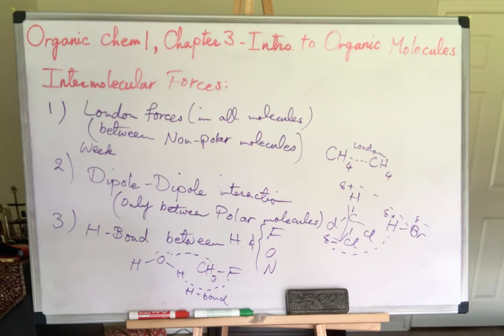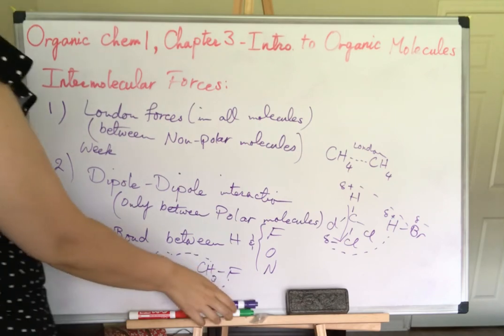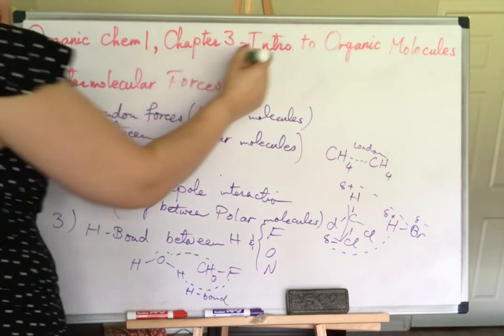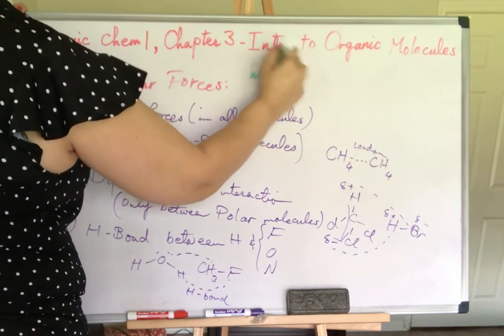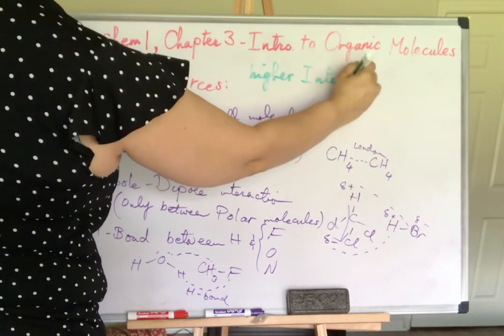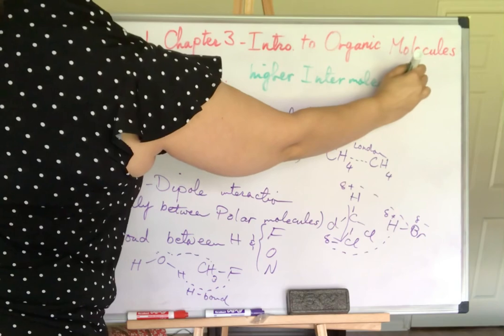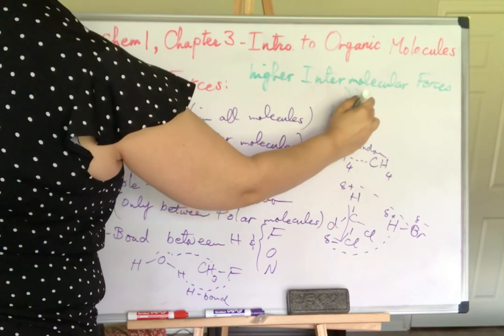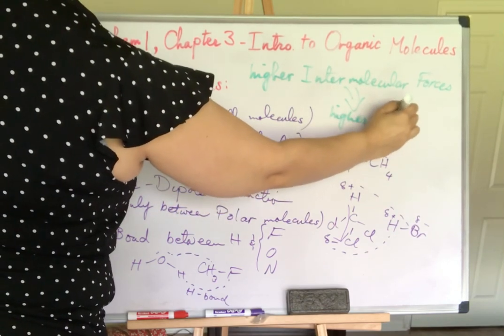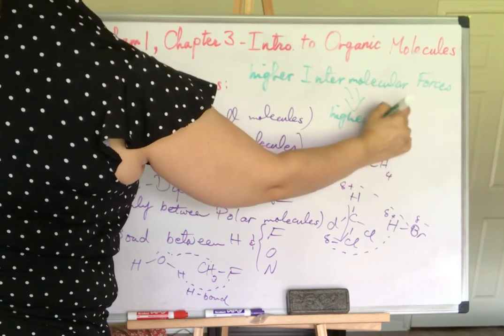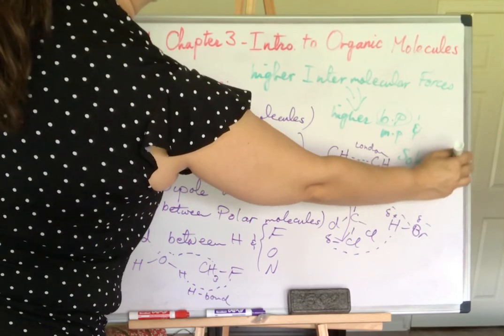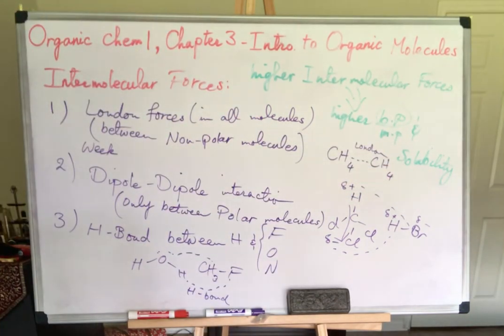And what is the relation between the intermolecular forces and the melting point, the boiling point, and the solubility? The higher the intermolecular forces, the higher the boiling point and melting point, mostly boiling point, and solubility, which we will look at in the next few pages.